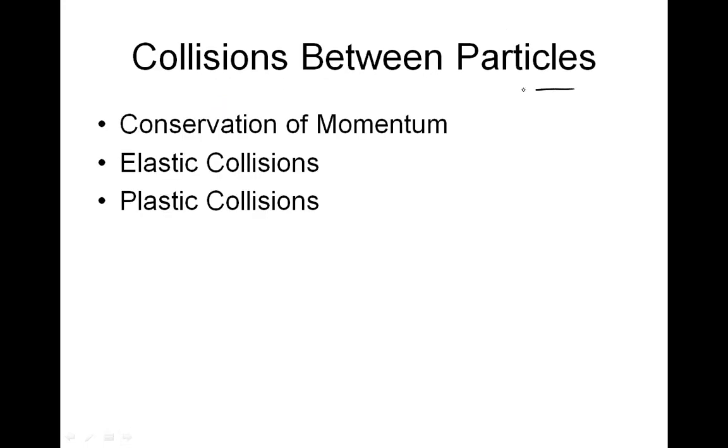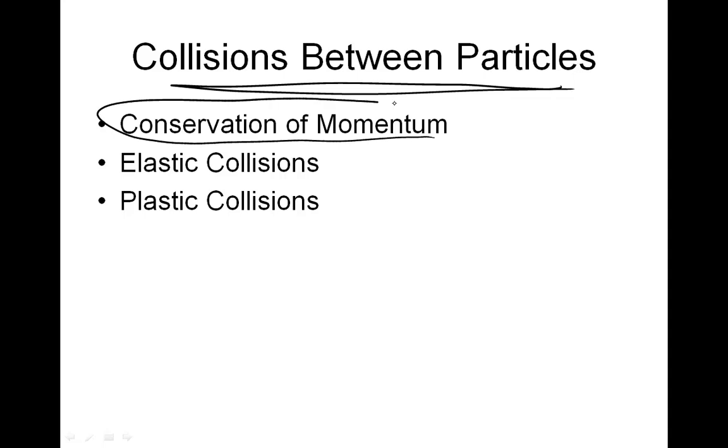Okay, when I have collisions between particles, if there are no net external forces, again, no net external forces, then I conserve momentum. Conservation of momentum. The net momentum of the system, whatever particles are part of the system, will be the same before and after the collision. Keep in mind, that's a vector quantity. If the collision is elastic, then I have conservation of kinetic energy.